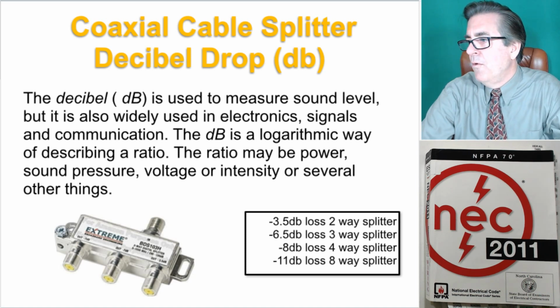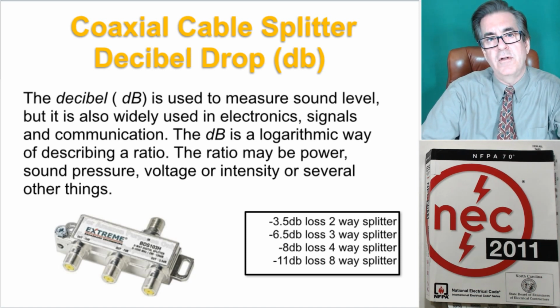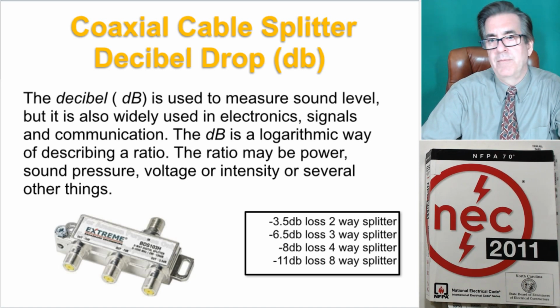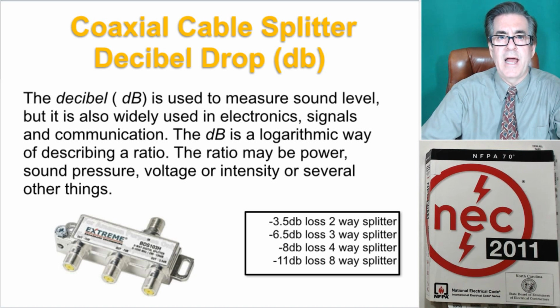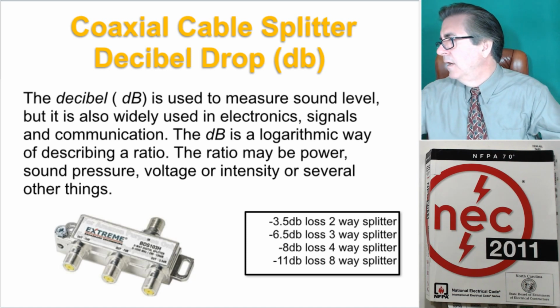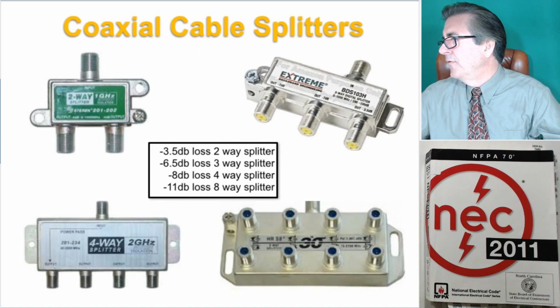There are some questions on the Florida electrical exam that relate to these splitters, maybe 3 to 5 questions that you're going to have to know how to calculate. It's quite simple, and we're going to go through it, and I will take you through a few of those.